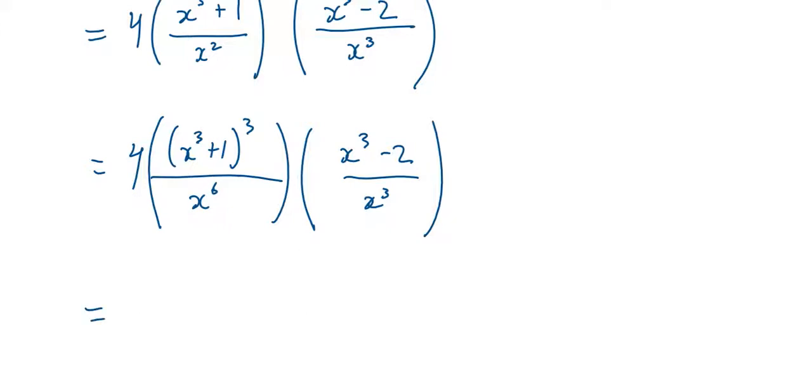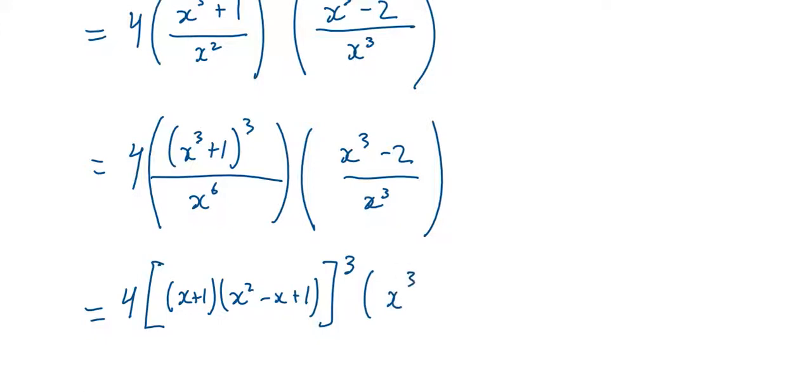So I'm going to do a couple things here. I'll do it like this. I'm going to factor that, which is x plus 1 times x squared minus x plus 1, all of that cubed, times x cubed minus 2.